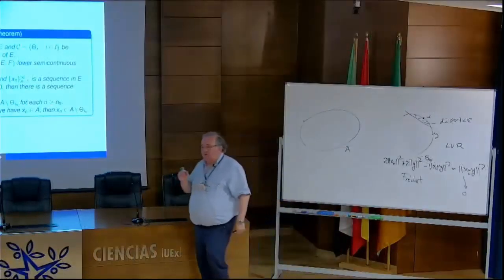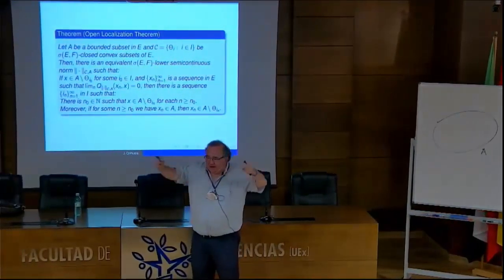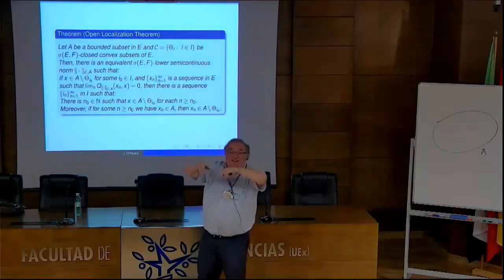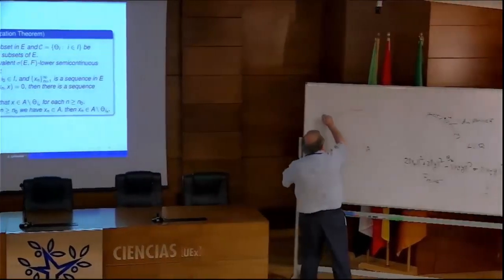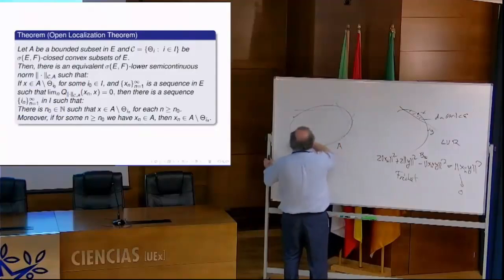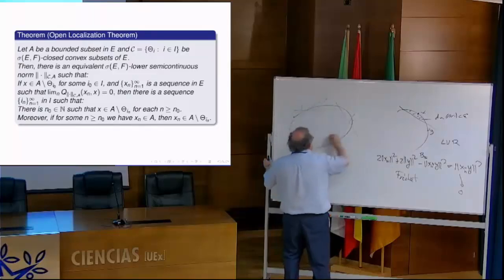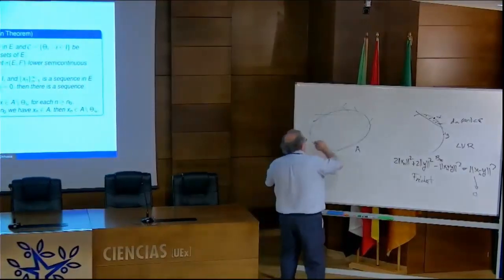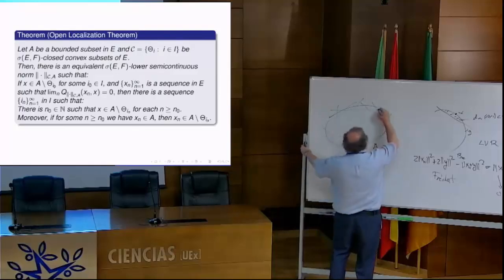The family of closed convex subsets will be given by a hyperplane and the complementary of the hyperplane, a half space. So I'm going to have closed convex half spaces here.